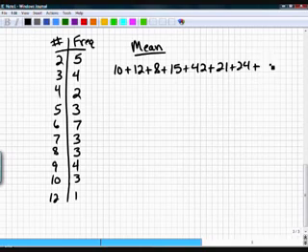Plus 24, plus 36, plus 30, plus 12. 22, 30, 45, 90, let's see, 45, 87, 88, 108, 112, 132, 168, 198, and 12 is 210. That is what you get when you add them up.